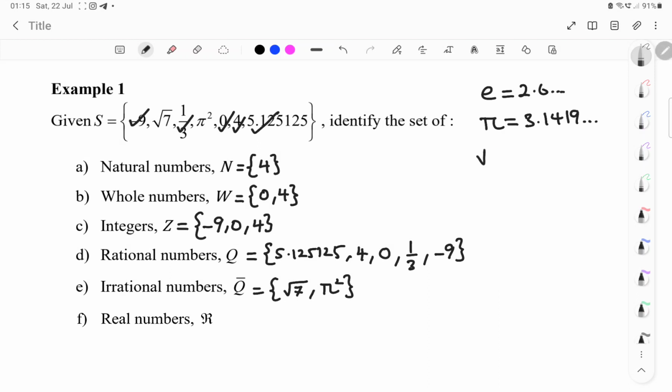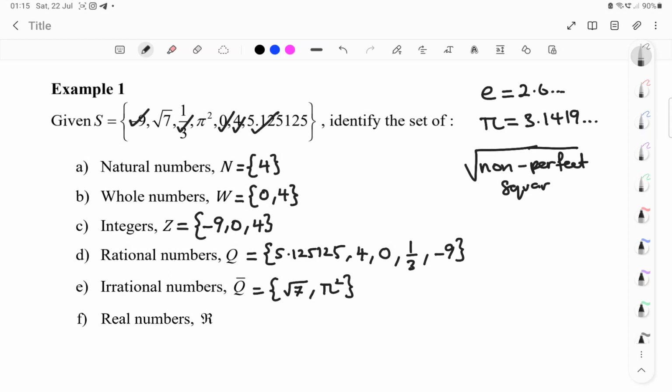The next one is the square root of non-perfect square numbers. What does it mean by non-perfect square numbers?